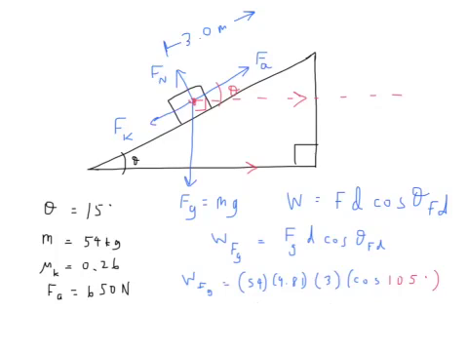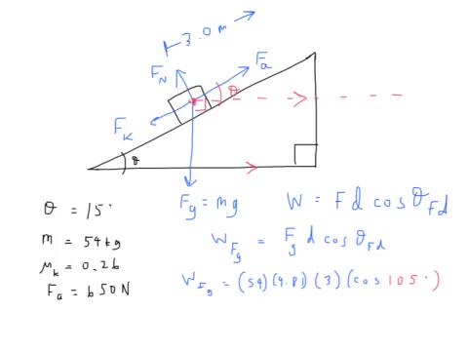So you plug in the cosine of 105 degrees. And what you'll notice is that this is a negative number. So you get a negative work being done by the force of gravity. And in fact, you saw the same thing if you plugged in the value and found the work done by Fk. Whenever the angle is bigger than 90 degrees, you're going to get a negative work being done.